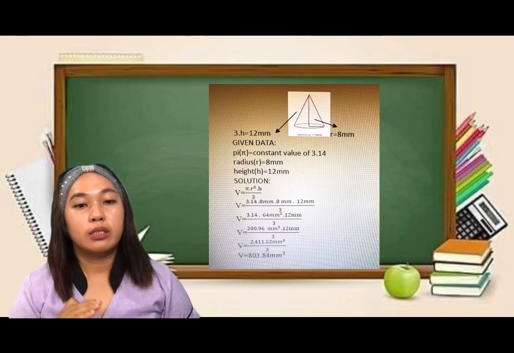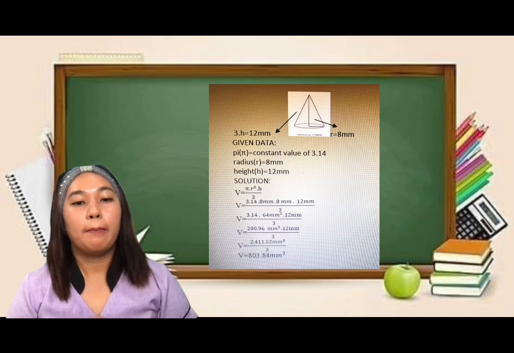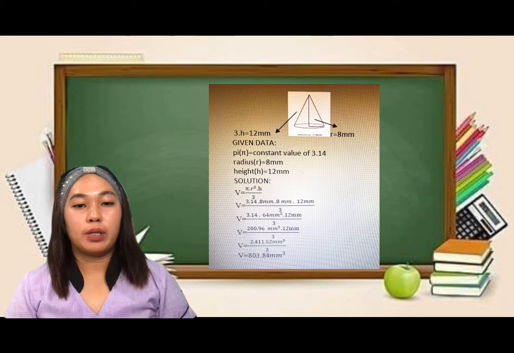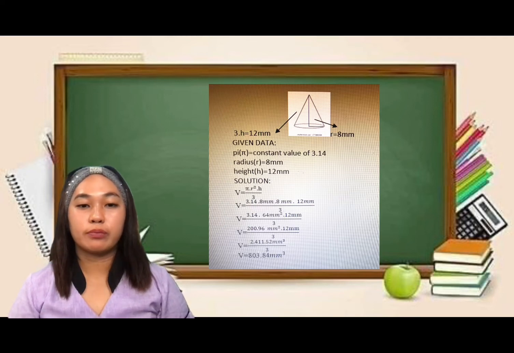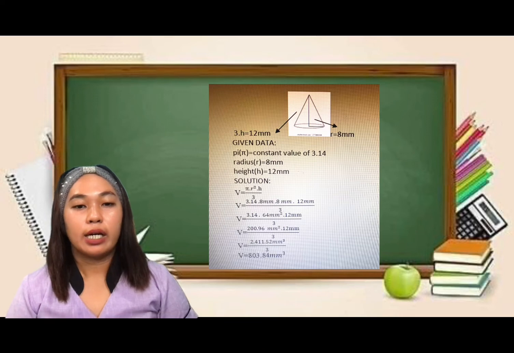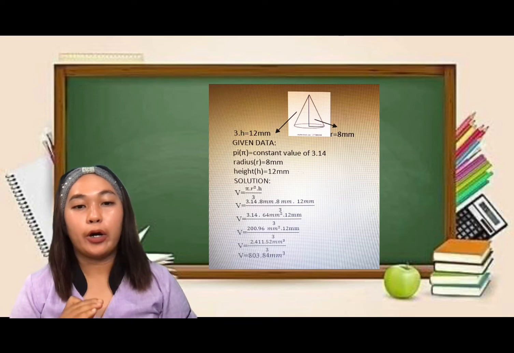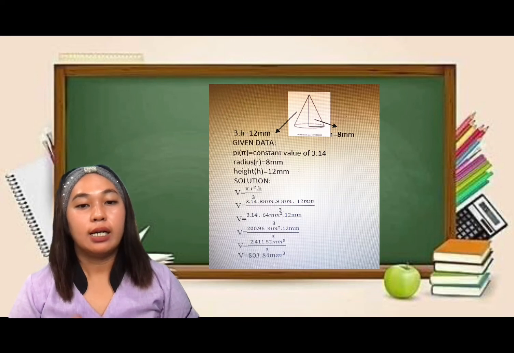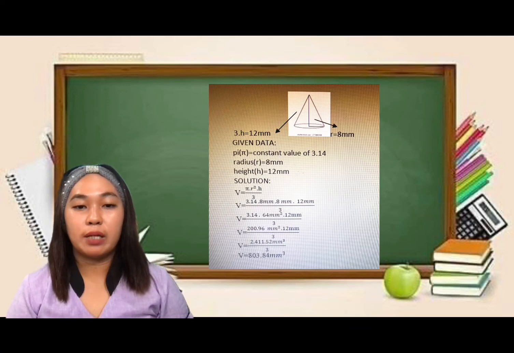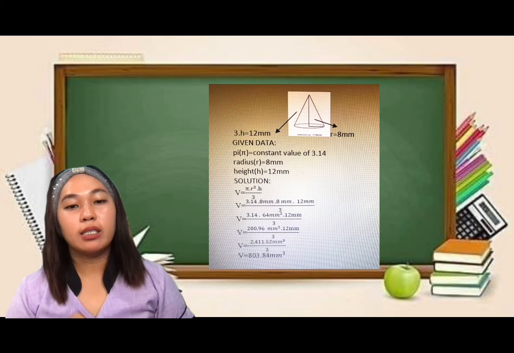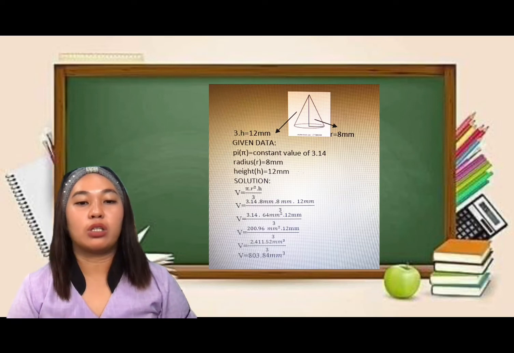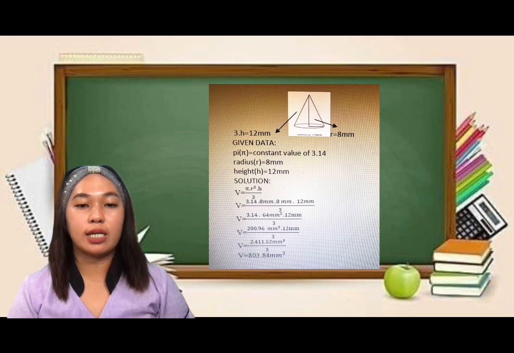Then 3.14 times 64 millimeters squared is 200.96 millimeters squared, times 12 millimeters is equal to 2,411.52 millimeters cubed, and we finally divide it by 3.